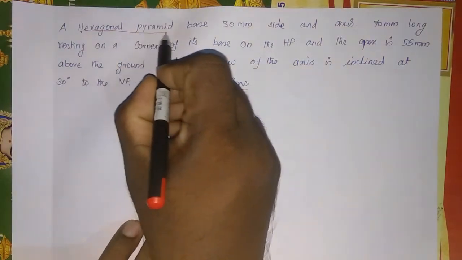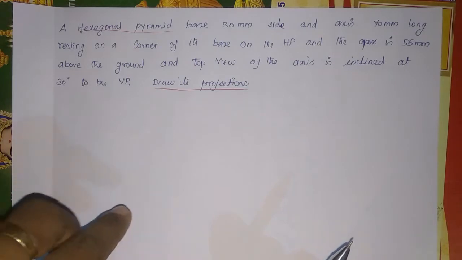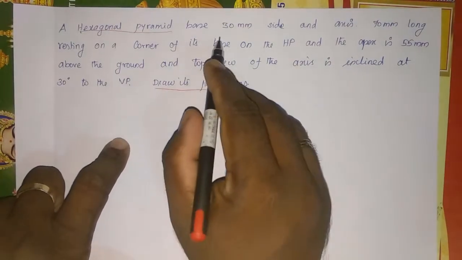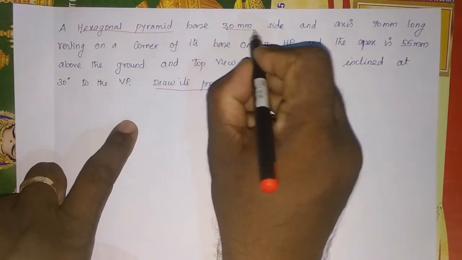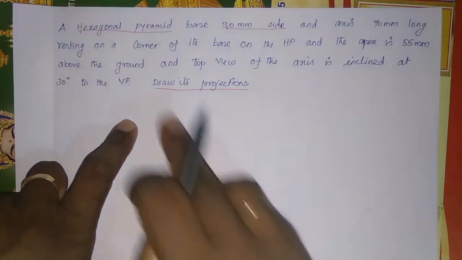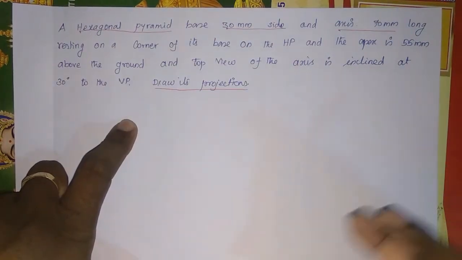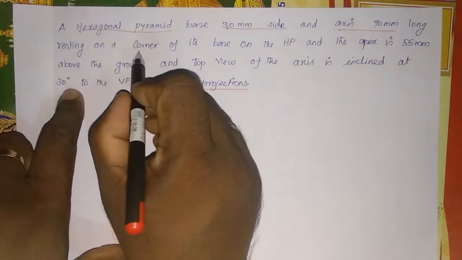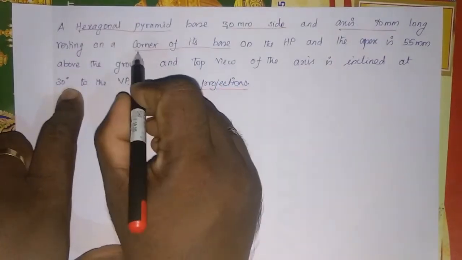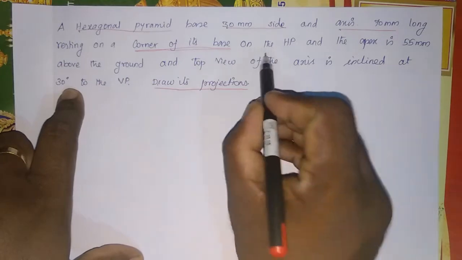So here the thing given is a hexagonal pyramid. This comes under three-dimensional objects. The base side is 30 mm and the axis length is 70 mm, resting on a corner of its base on the HP.